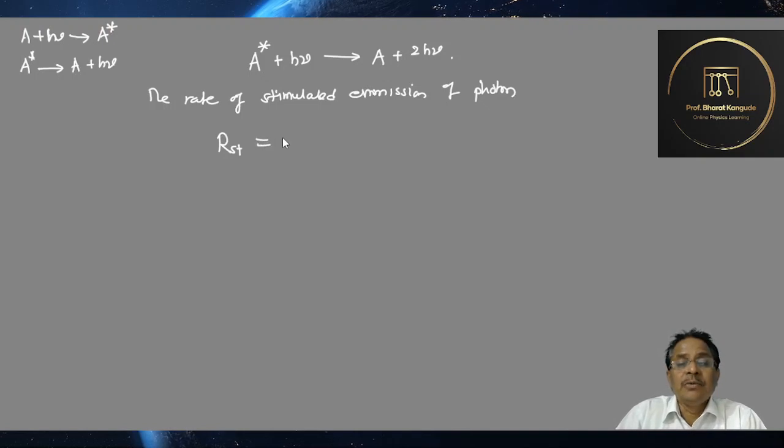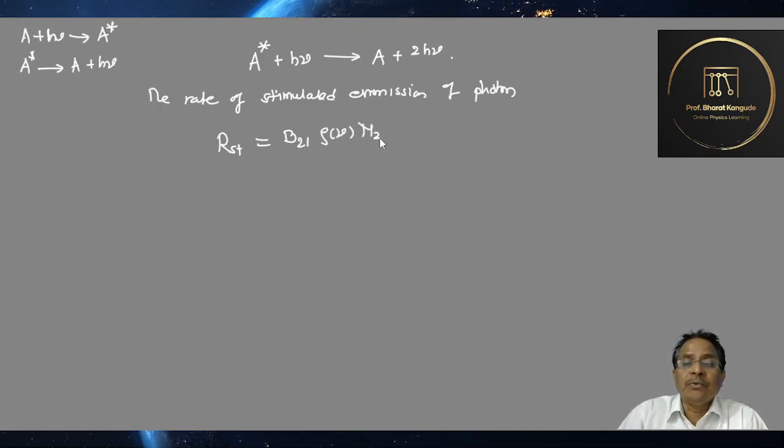This time I'm using the coefficient B21, multiplied by rho nu and N2. Even though it is an emission, I'm using a B type coefficient, B21, because in this case the atom is coming from the excited state to the de-excited state.